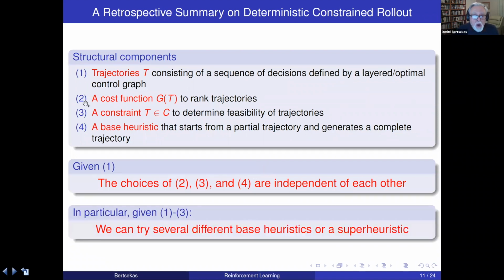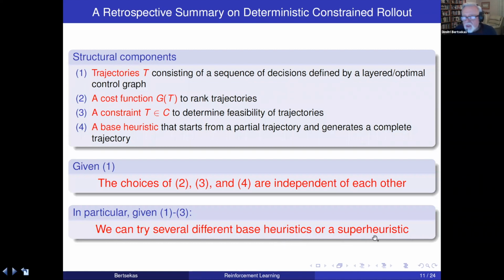Moreover, given 1, 2, and 3, which is the problem, you can try several different base heuristics, or you can combine the heuristics into a super heuristic, which naturally chooses the one that has minimum cost out of the ones that are feasible, okay? Some of the base heuristics, from a given partial trajectory, may not be feasible.